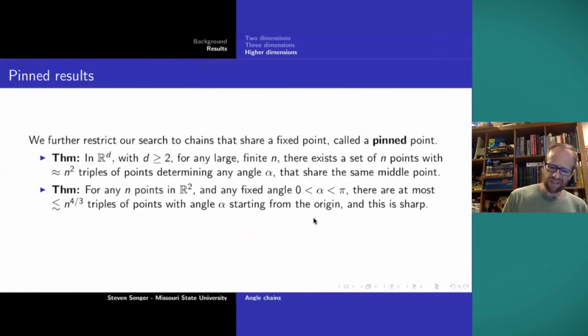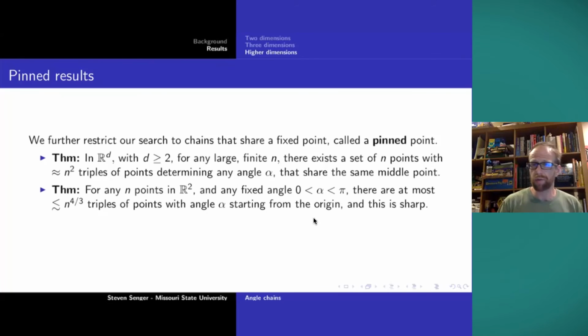However, if instead of pinning the middle point, we pin the first point, which might be more natural. That's how a lot of pinned things that I've seen in the literature go: you pin the first point and check what follows. In that case, we can show that there are at most n to the 4/3 pinned angles, by pinning the first or the third point. And this is sharp.